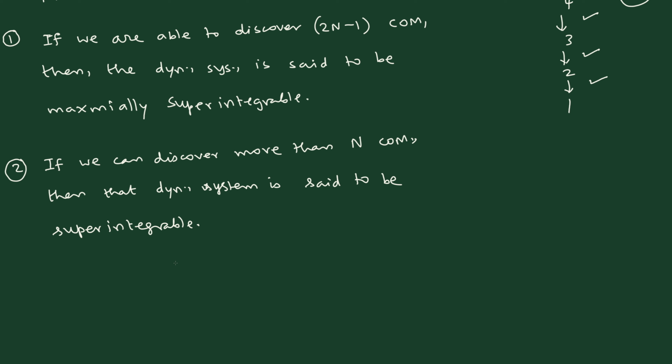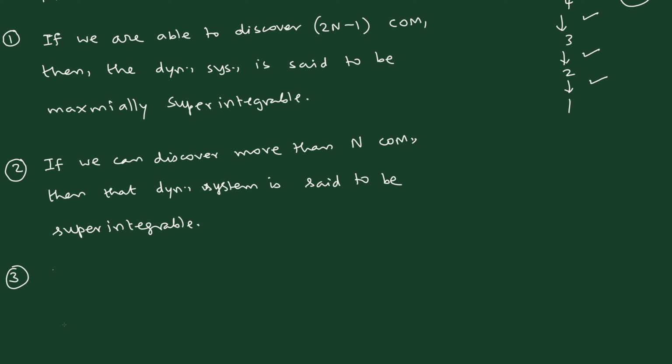So that distinction should be clear, and the distinction comes from the ability to discover the number of constants of the motion for a given problem. For a given problem means for a given Hamiltonian. That's the meaning. If you have a dynamical system, you should have a corresponding Hamiltonian. So once you know the Hamiltonian, for that Hamiltonian you should be in a position to discover them. Okay, so these are the two important points about the terminology.